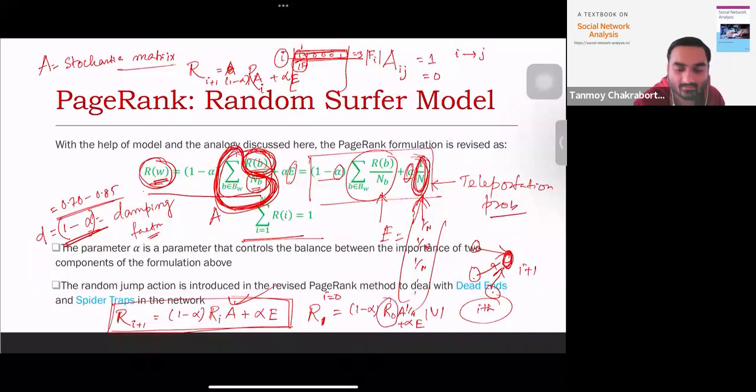R0 is the page rank value at I equals 0. Let's assume that at the beginning, when you start the calculation, the page rank value of all the nodes is equal, the same, 1 by n. Why 1 by n?